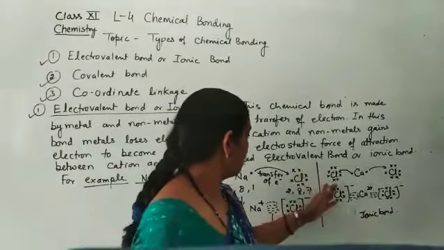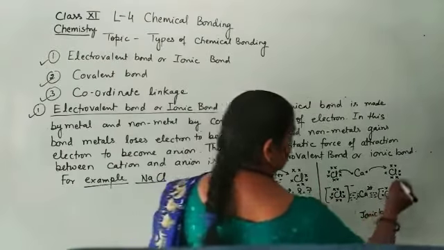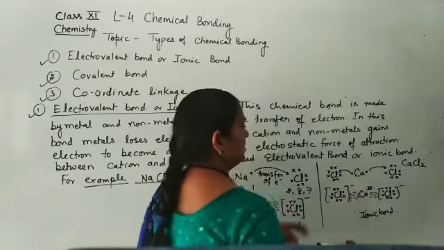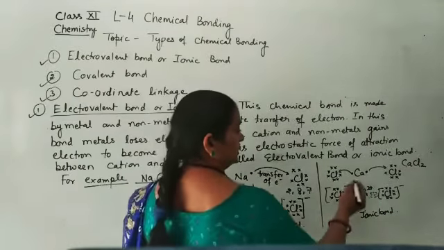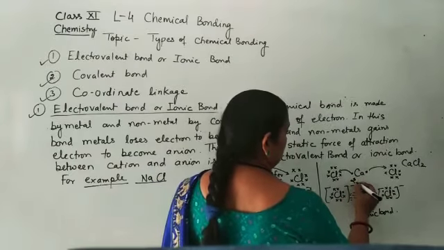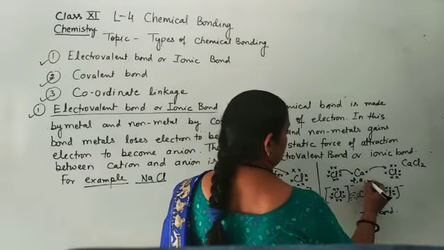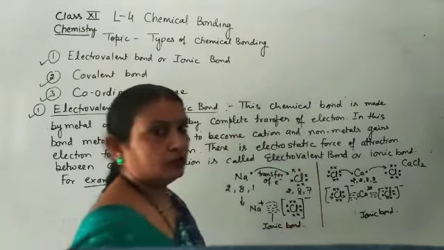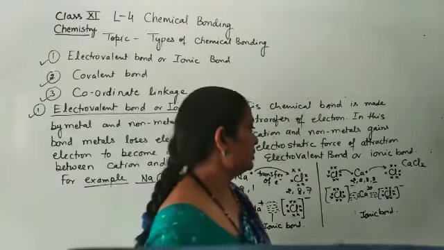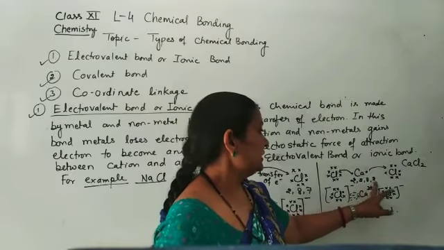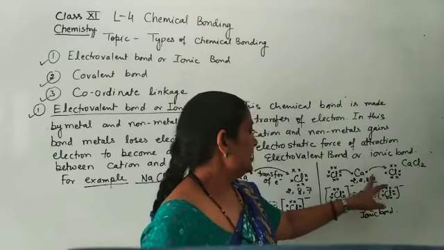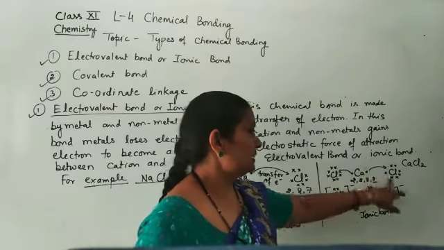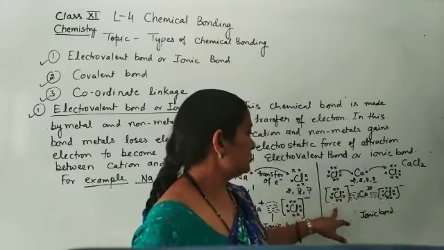So there is another compound. This is calcium chloride, CaCl2. See, this is the Lewis dot structure of calcium. Electronic configuration of calcium is 2,8,8,2. It has 2 valence electrons and for completing its octet, it will lose 2 electrons and these electrons are gained by these 2 chlorine atoms for completing their octet.